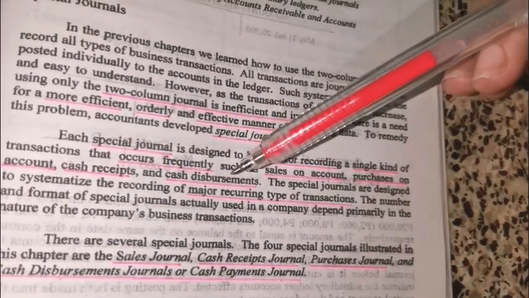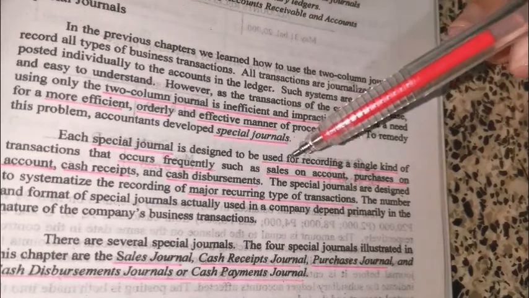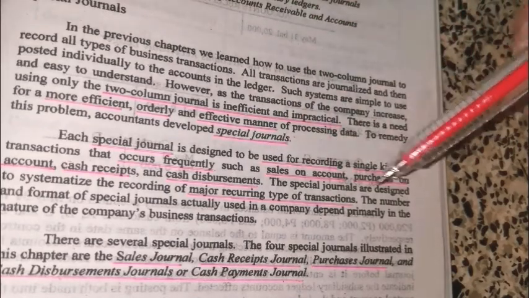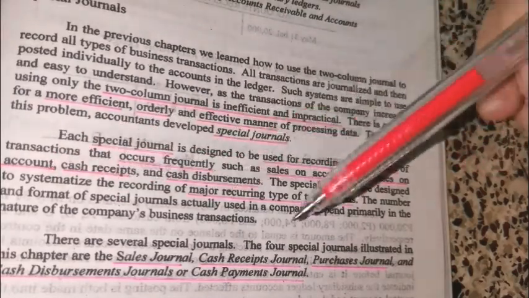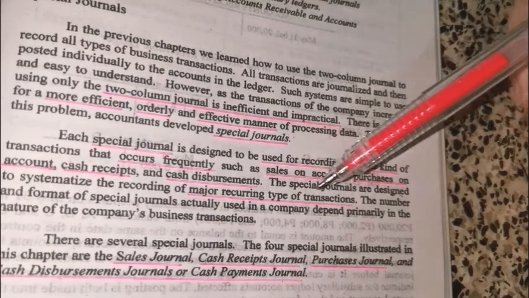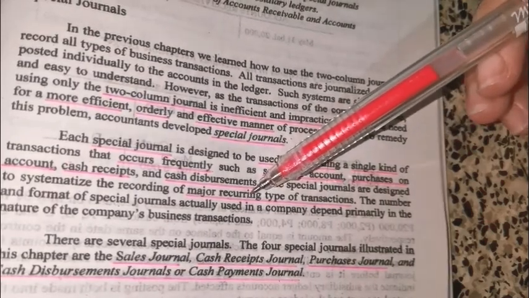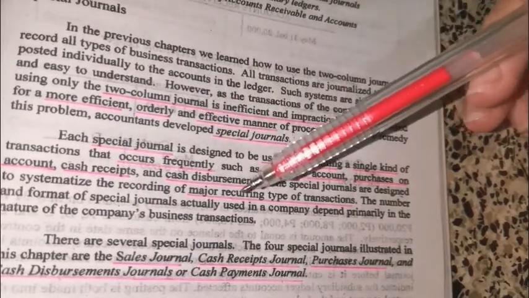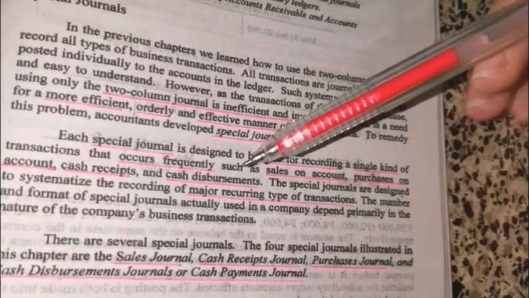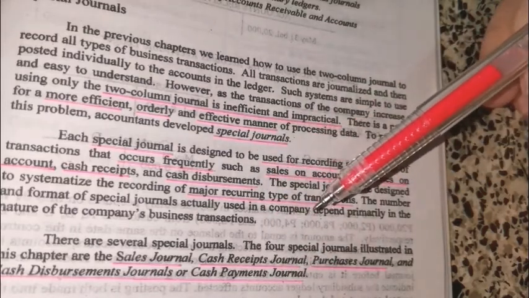And cash disbursement, ito naman yung naglabas ka ng pera, gumastos ka. So these special journals are designed to systematize the recording of major recurring type of transactions. When we say recurring, it is also synonymous to frequently occurring or recurring, palagi siyang nangyayari o araw-araw siyang nangyayari.